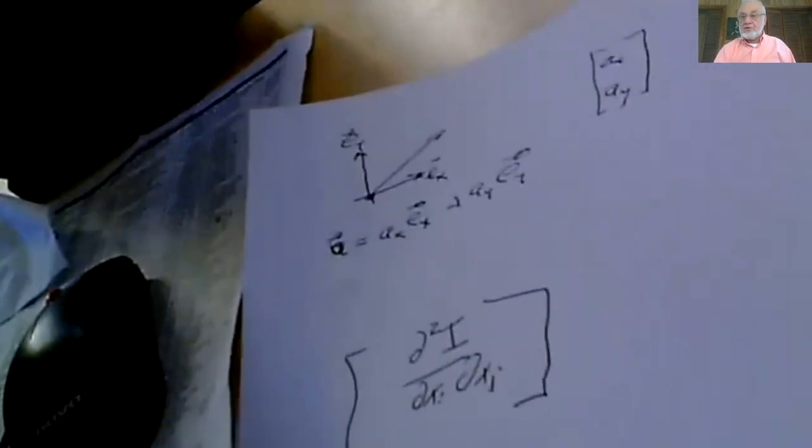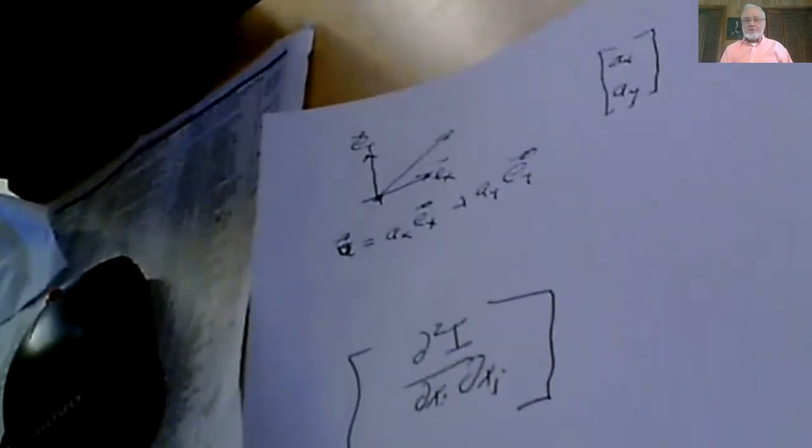Okay, so when we write the original answer as a tuple, it's a tuple of those coefficients, that is to say, A sub x, A sub y. This is just a shorthand: these are the coefficients of the vectors E sub x and E sub y.